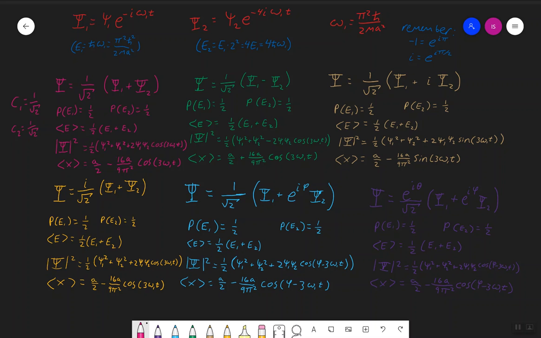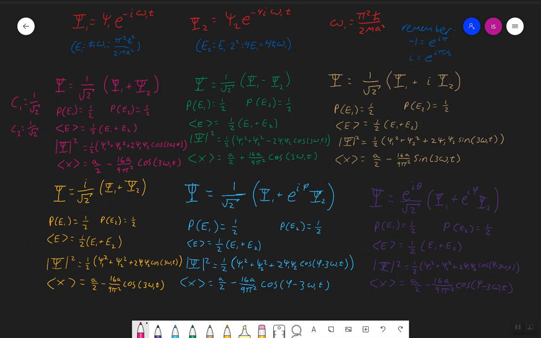I've just worked this out on my own, and then you can do the integral with x if you want to, or you can just take my word for it. For all of these wave functions, I have already found the expectation value of position. And so for psi norm squared, the probability distribution, it's got this 1/2 (psi 1 squared plus psi 2 squared).